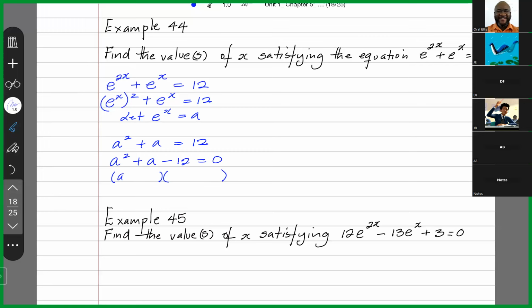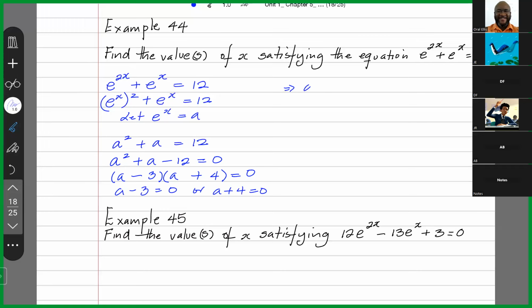We have a here, 4, and 3, plus for the 4, minus for the 3, is equal to 0. So now I have a minus 3 is equal to 0, or a plus 4 is equal to 0.